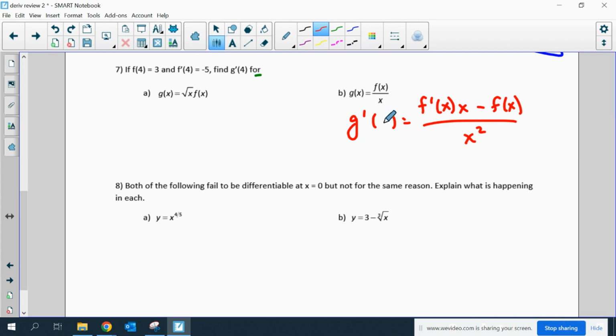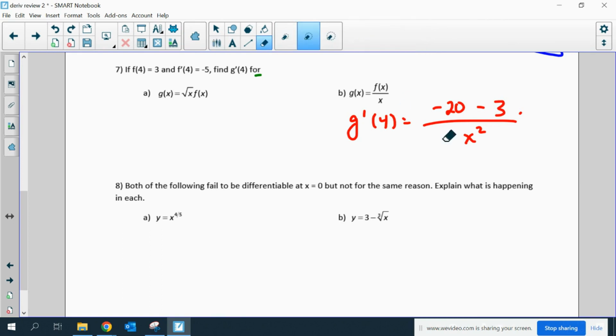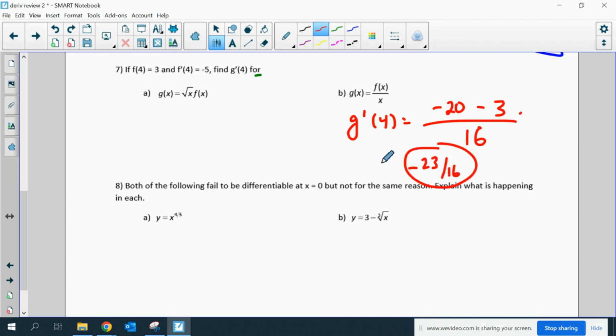So if I'm going to substitute in 4, I have f prime of 4, which is -5, times 4 for x, so I'm just going to replace that with -20, minus f of 4, so -3, all over 4 squared. So it's -23/16.